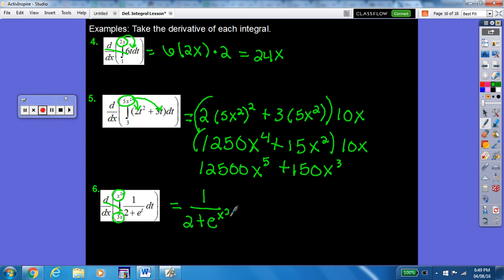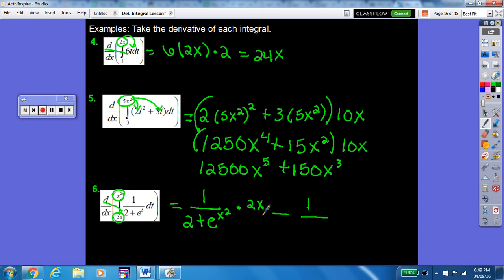That's the first part. But you need to go ahead and multiply that by the derivative of that boundary, which is 2x. Okay? And now since the bottom boundary has an x in it, we're going to subtract and go ahead and plug that guy. It's always subtract. And that goes back to how we evaluate an integral. You know, the antiderivative of b minus the antiderivative of a.